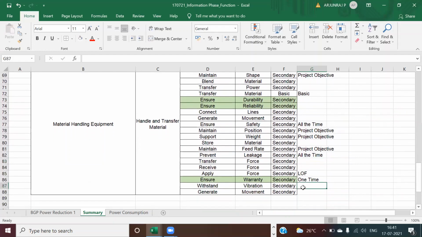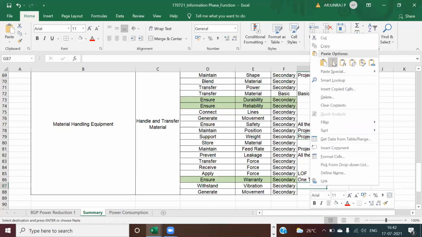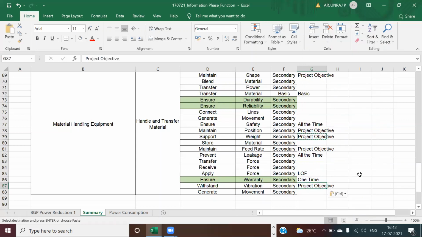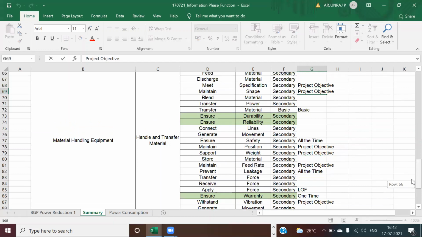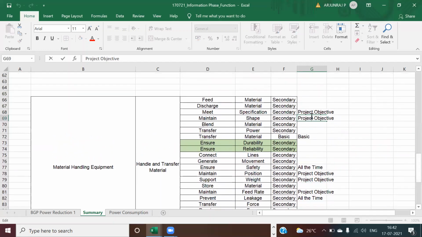Withstanding vibration is also the project objective or the design function. What I suggest is you will get confusion between the project objective and design function, so you can replace project objective with design function. Project objective means the overall project objective.